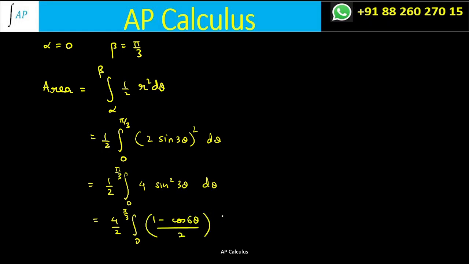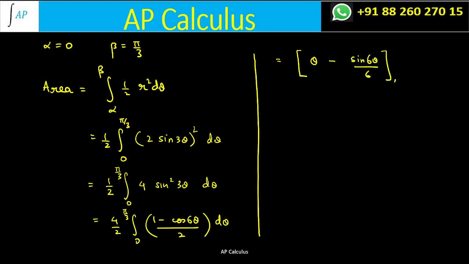This is the integration we have to do. Again, this 2 will be taken out, and 2 times 2 becomes 4, and 4 cancels out. Finally we just have to integrate 1 minus cosine 6 theta. The integral of 1 is theta and the integral of cosine 6 theta is sine 6 theta divided by 6, from 0 to pi by 3.